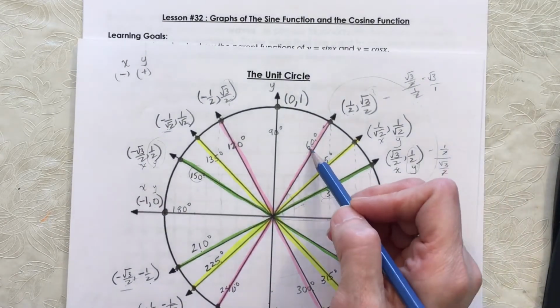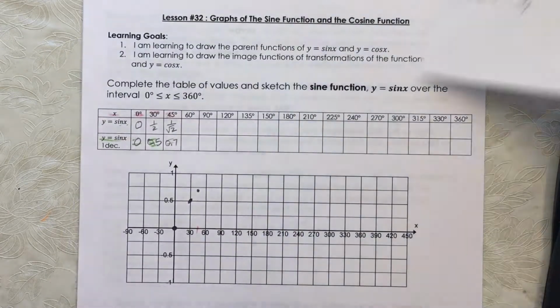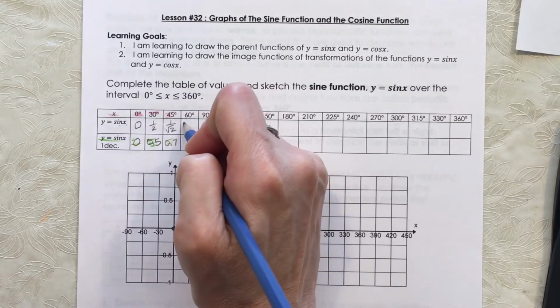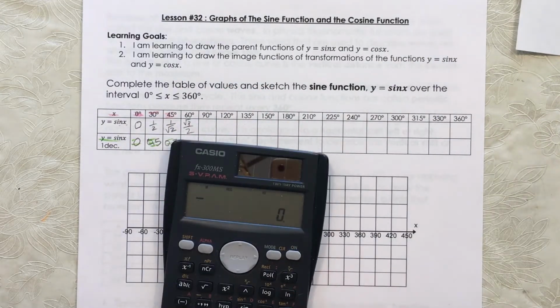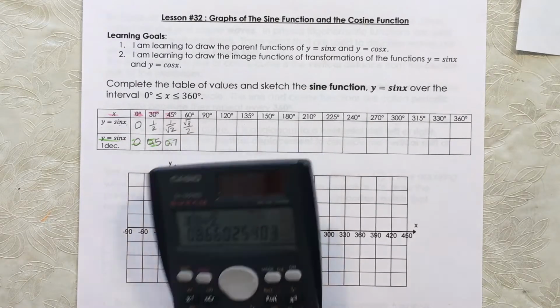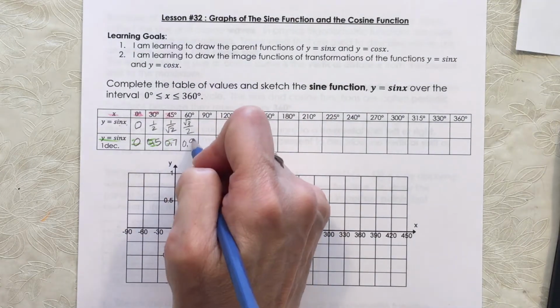And then at 60 degrees, when our x is 60, the sine of 60 is root 3 over 2. And root 3 over 2 is about 0.866, so about 0.9 to 1 decimal place.